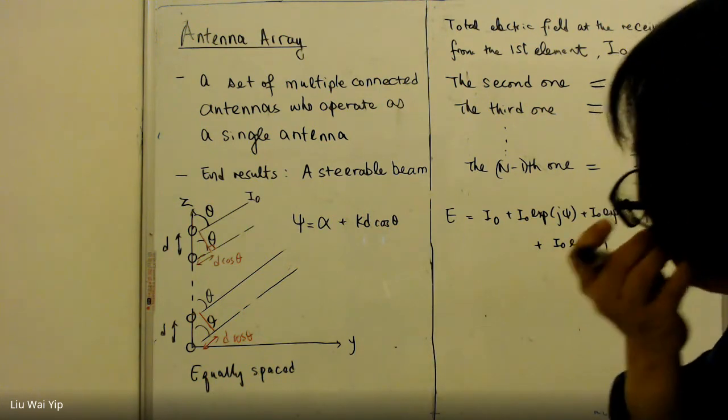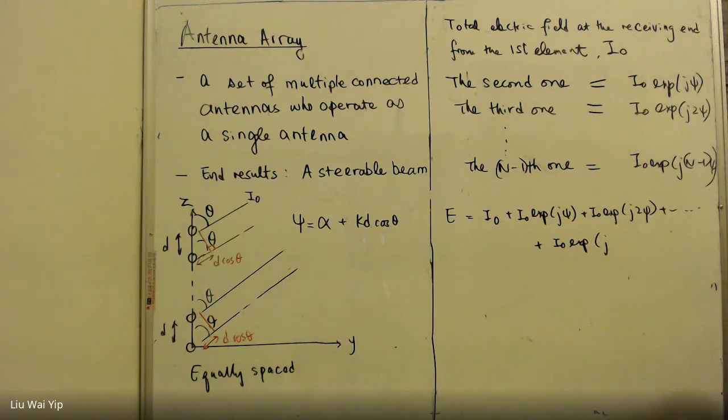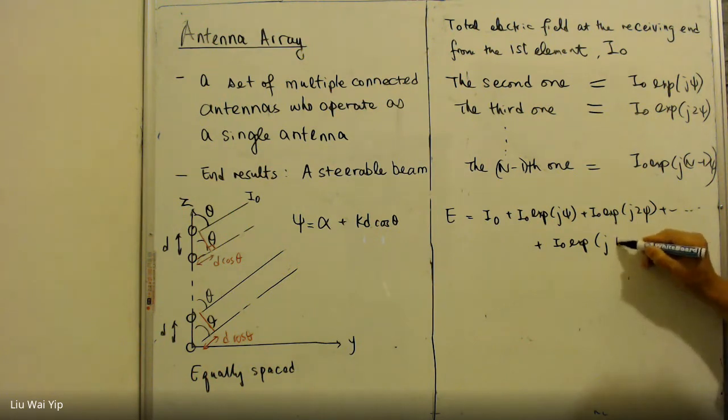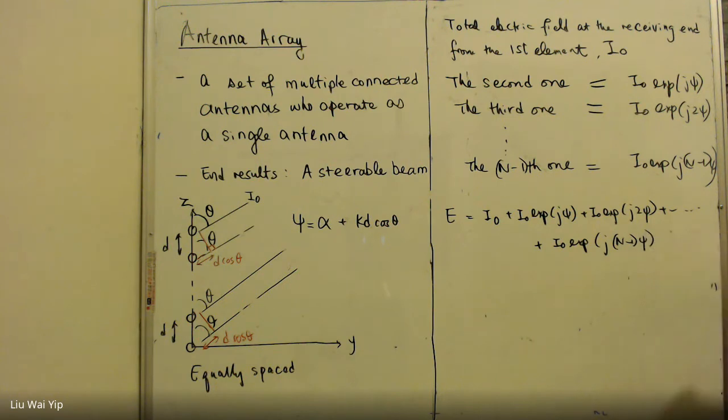The last element should be (n minus 1) phi. And this is how the system works.